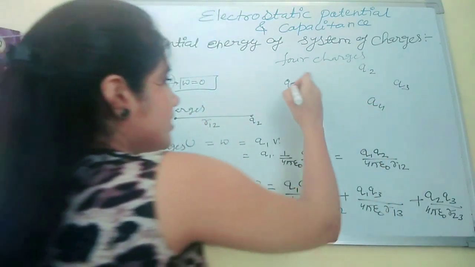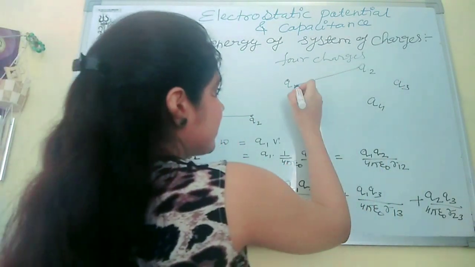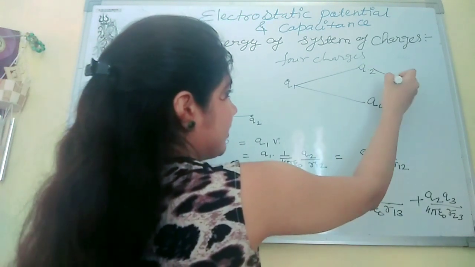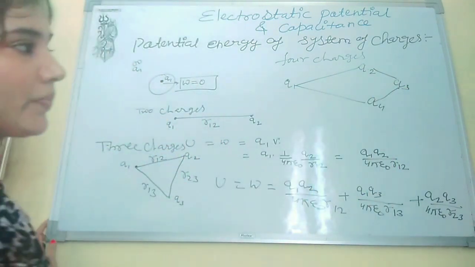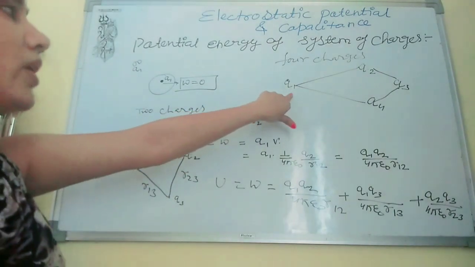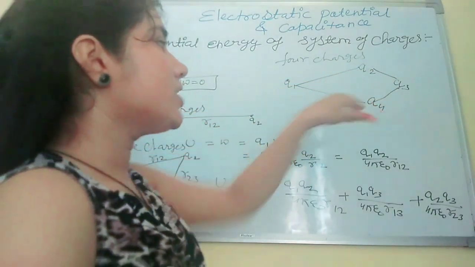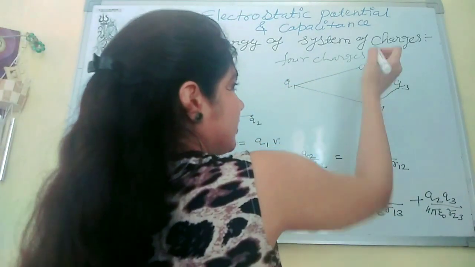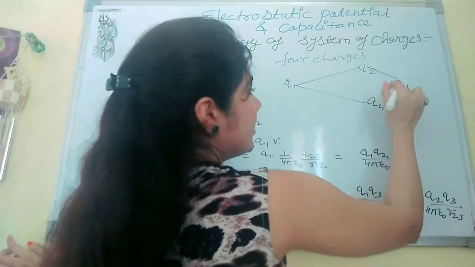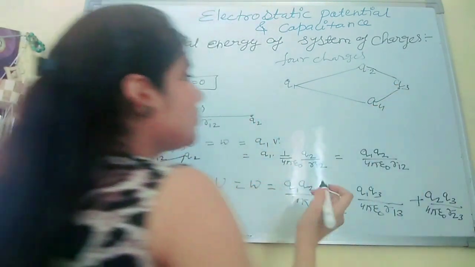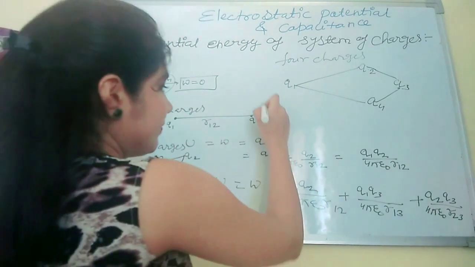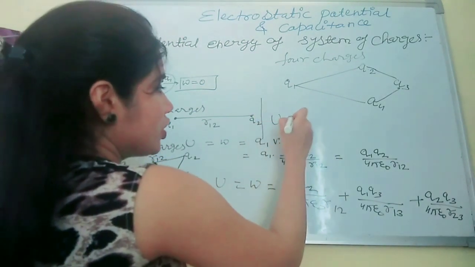Now we will join them simply like this. Okay, right? These are the points where the charges are placed. Now we simply find the expression for the potential energy, that is U.